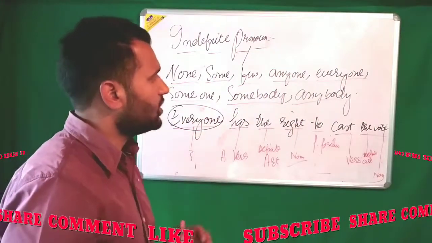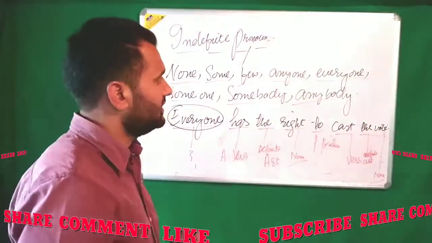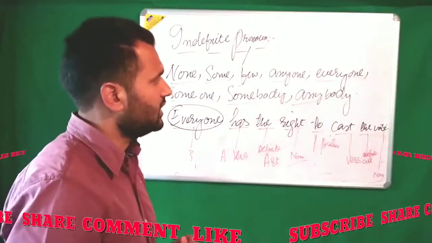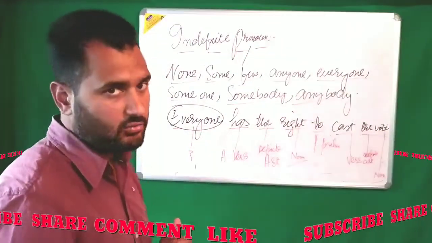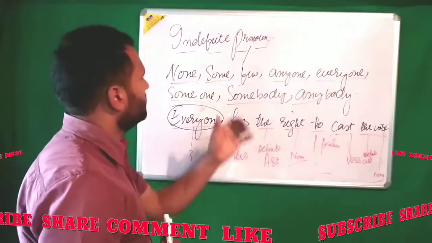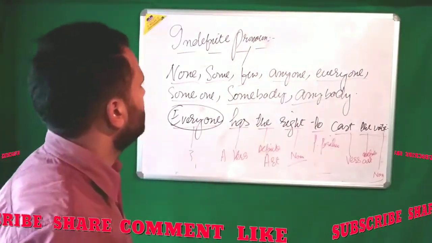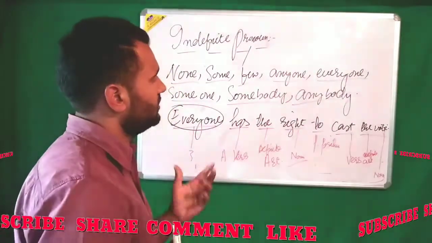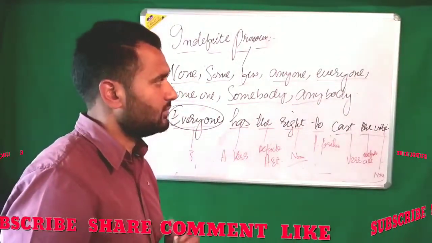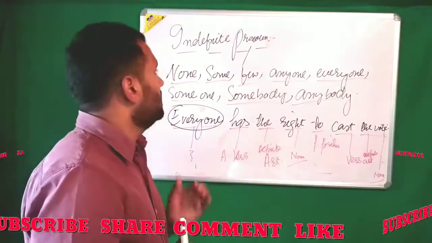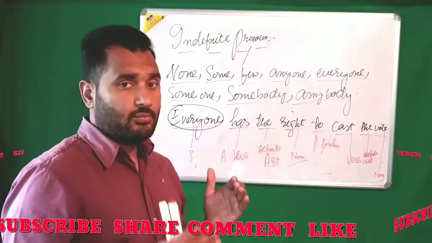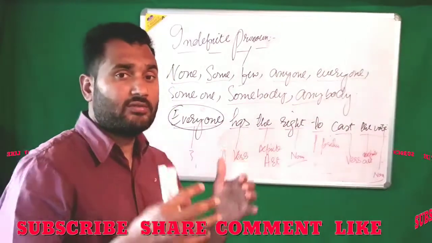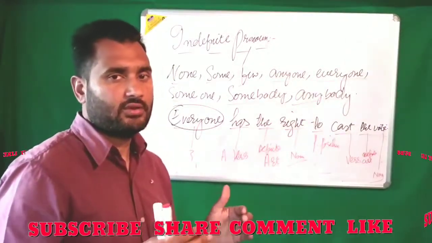When we ponder all these words, then definitely the exact information lying in these various words will come forth and we will be able to comprehend the ideas properly. So it was something about this indefinite pronoun. What we have made clear over here is that an indefinite pronoun is a pronoun which is not used specifically for some place, person, or thing.